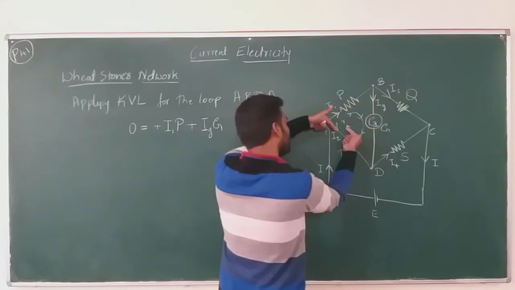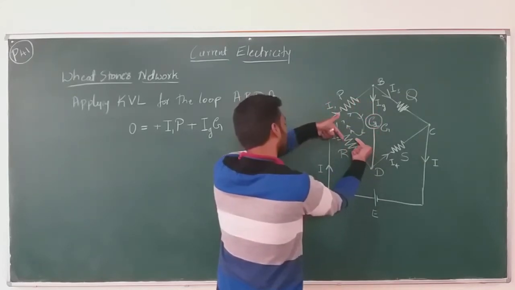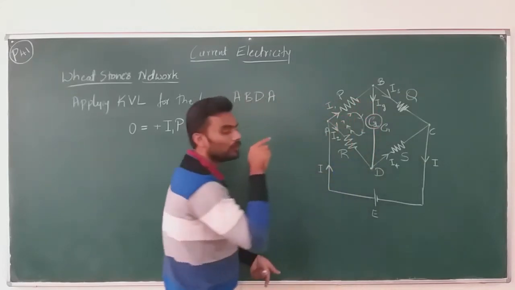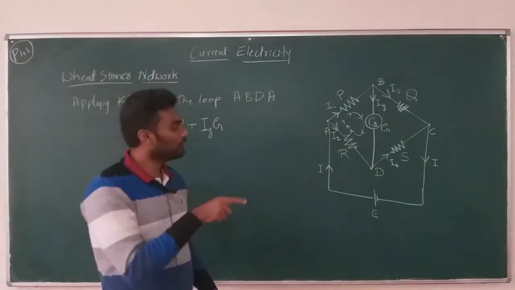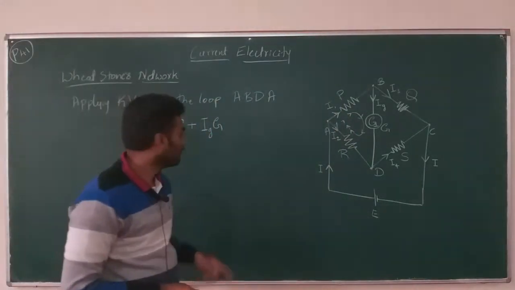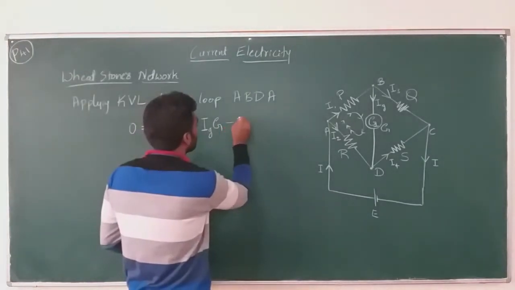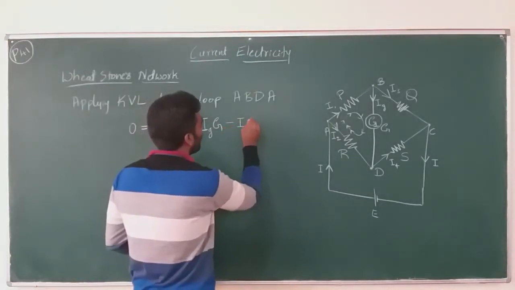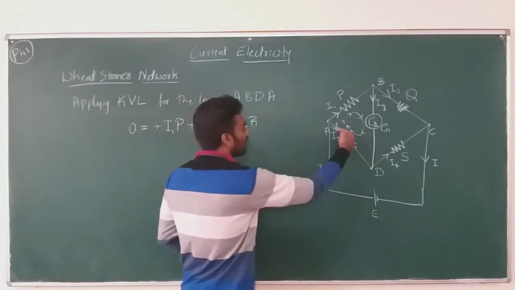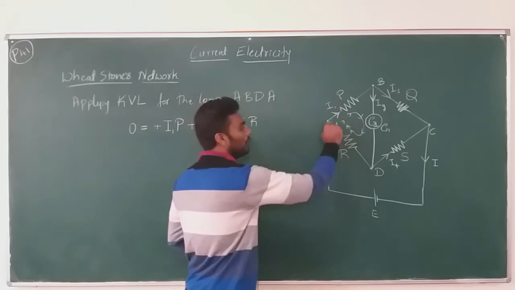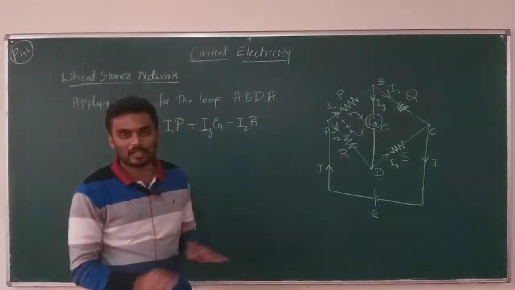Like this, clockwise I was going, this just came exactly opposite to me. So, I should now consider minus I2R. Clear on that? Good. So, it is minus I2R and I reach back the point A, and hence the loop is complete now.